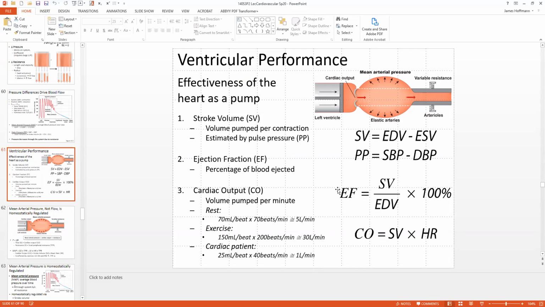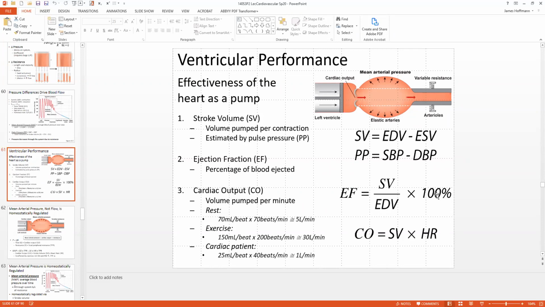An ejection fraction is how much blood do you pump out over the available amount of blood, what percentage, right? And so the amount of blood you pump out is the stroke volume. The amount of blood you started with is the end diastolic volume. So your ejection fraction is stroke volume divided by the end diastolic volume times 100.